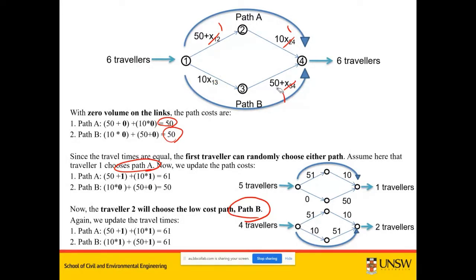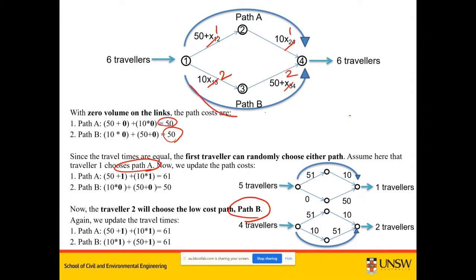So what would be the new volumes? So still on path A, I have this was person 1, this was person 2. Now another person chooses path B, right? Traveler number 3 takes path B. So this link volume would be 2, and this link volume would also be 2, right?